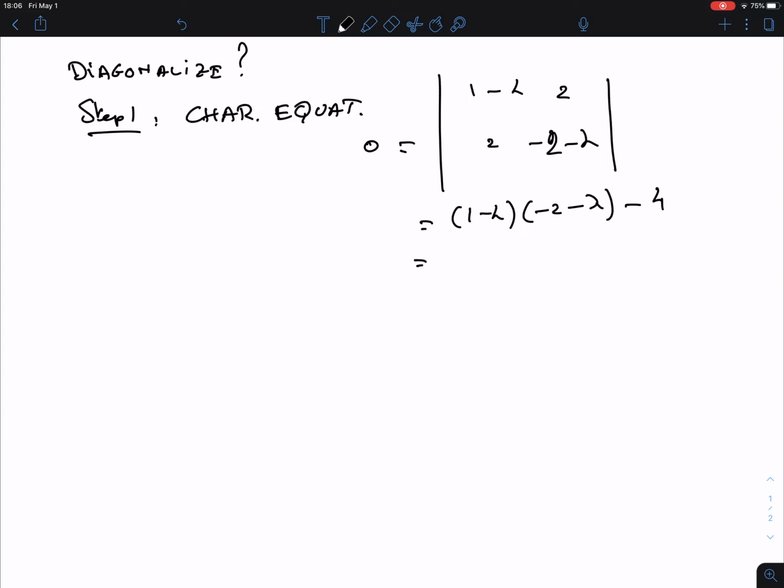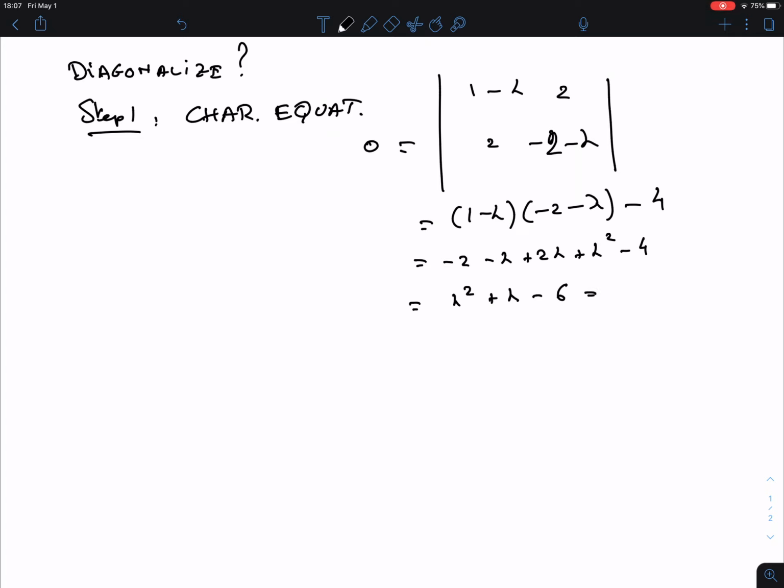So we have to expand here: minus 2 minus lambda plus 2 lambda plus lambda squared minus 4. Taking the like terms together, lambda squared plus lambda minus 6. Correct? Be very careful here, and a good test is always, can I factor this nicely?